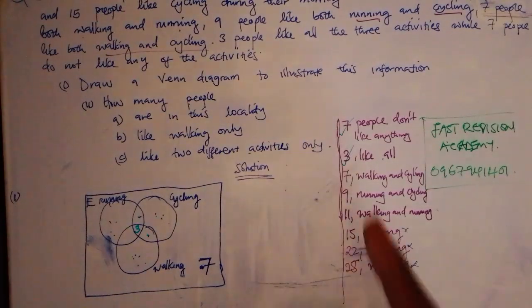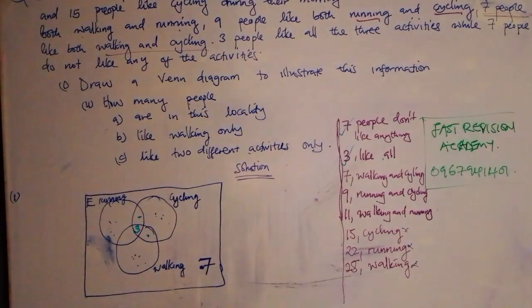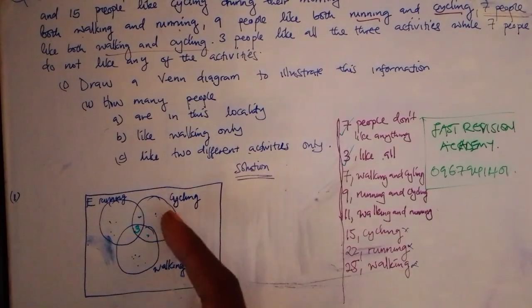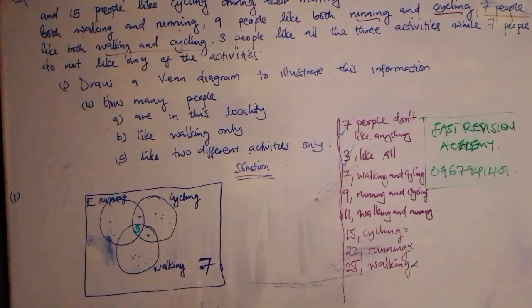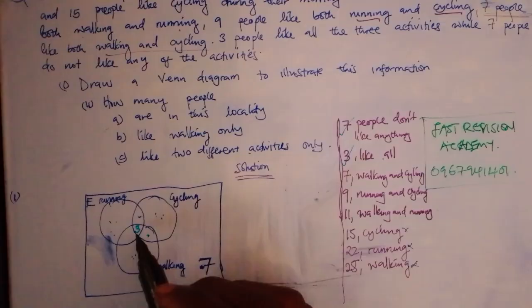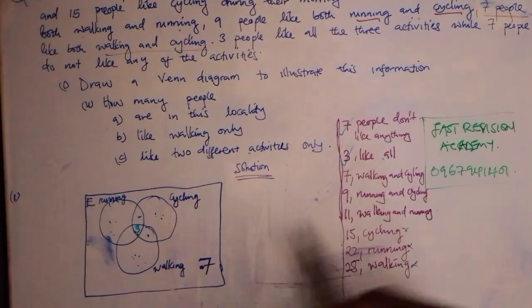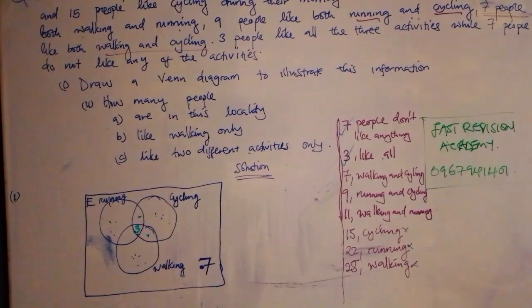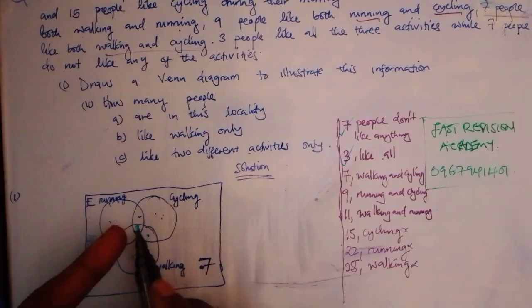So walking and cycling, they are telling us that they are the 7 people who liked walking and cycling. But remember, we have again other 3 people who also liked what? Cycling and walking. Who are those? These 3. So meaning out of 7, the 3 we have already entered them.